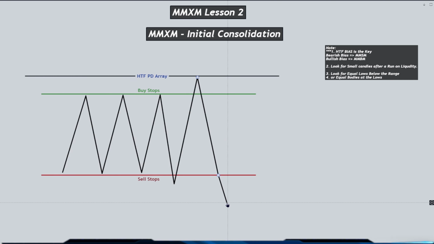Market will go lower, and this is the starting of a sell side curve of the market maker buy model. After reaching the point of interest, or the terminus that we can call it, the market will again deliver the buy side of the market maker buy model.